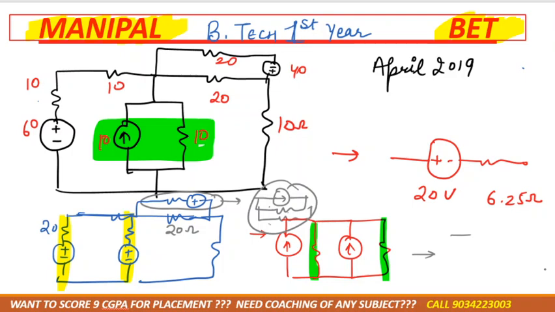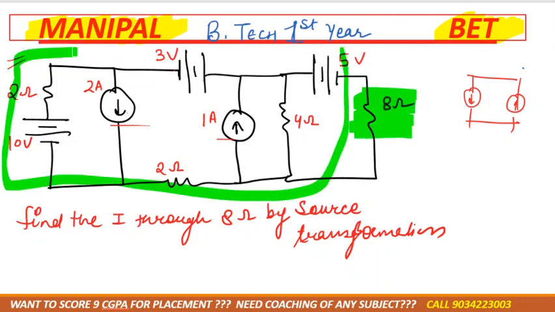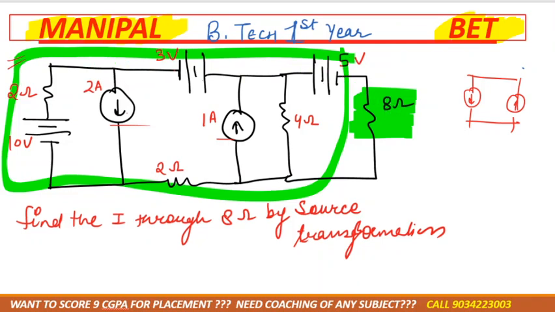In this case you have to find the current in 8 ohm, so you can't touch 8 ohm, rest all would be changed. Okay, 8 ohm would be similar, rest all of the circuit would be converted. Got it?